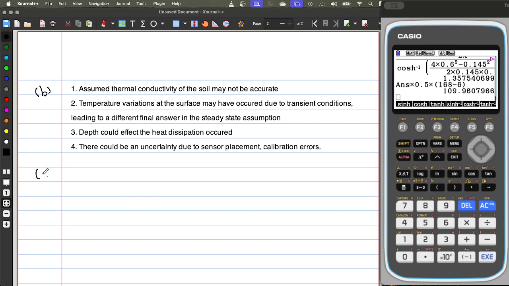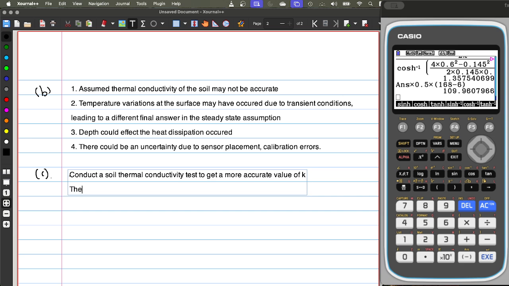This is part C. So how can we assume a better K value for the soil? So what we can do here is we can conduct a soil thermal conductivity test to get a more accurate value of K. Now, how can we do this?